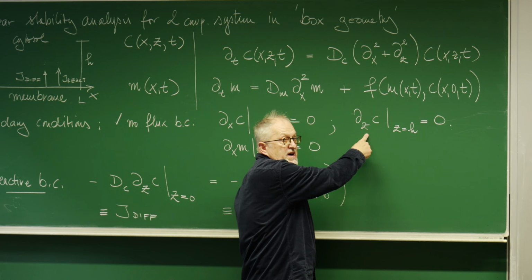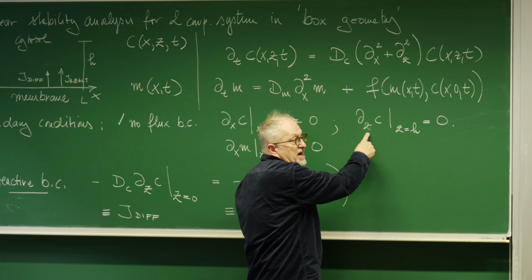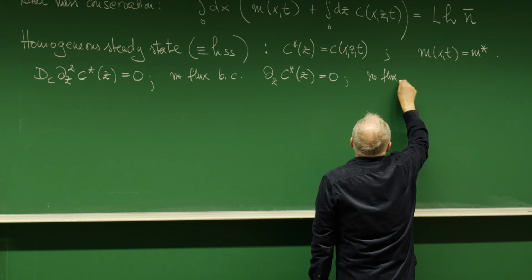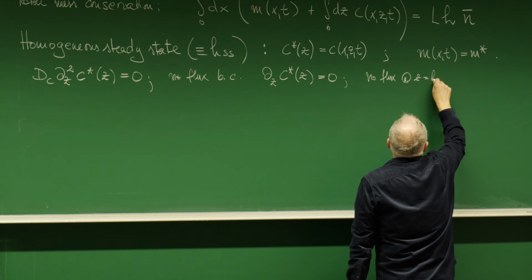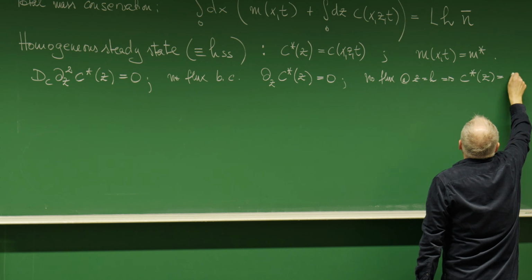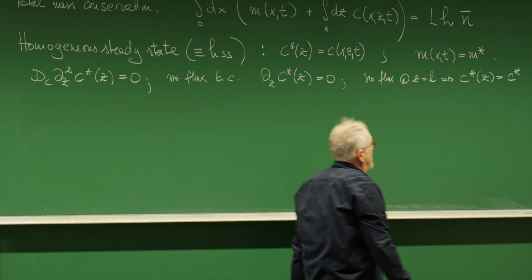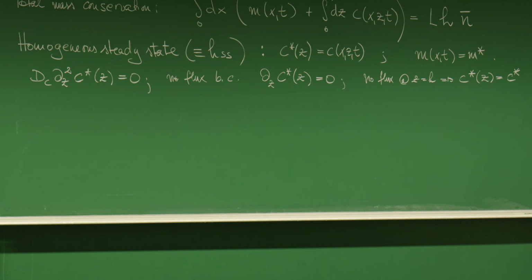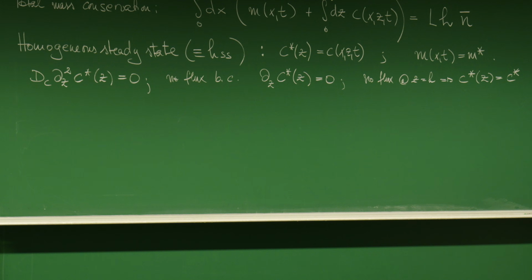See that at the ceiling we have to have also no flux, and accounting for that, the only solution we have in our case, so no flux at z equal to H, then implies that our c star of z is again just a homogeneous uniform steady state, no profile in the z direction. As said, this is not necessarily the case in all the systems you look at here. Because of the simplicity of the problem, it is.